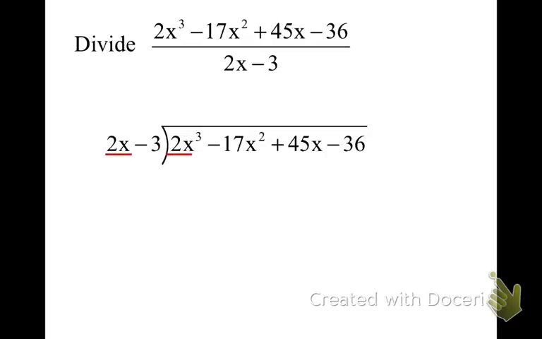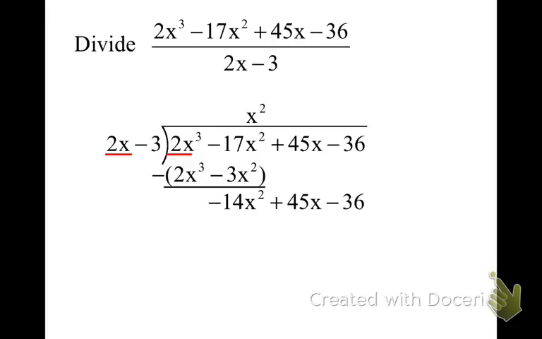All right, 2x goes into 2x cubed x squared times. We get 2x cubed minus 3x squared. When I distribute, we are left with minus 14x squared. Bring down my 45x. Then I'm going to multiply by negative 7.